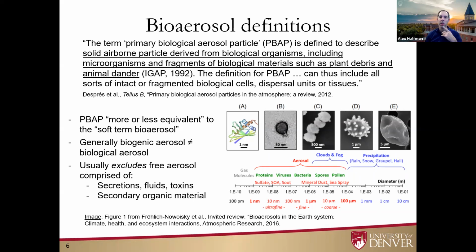Viruses, as we've heard quite a bit about, can be tens to hundreds of nanometers in size, but viruses don't float around by themselves, as we've heard about. They're encased in bigger droplets usually. So bacteria, a few microns, spores, a few microns to tens of microns, all the way to pollen, which can be tens to hundreds of microns. And so we have a really wide range even within the biological particle spectrum.